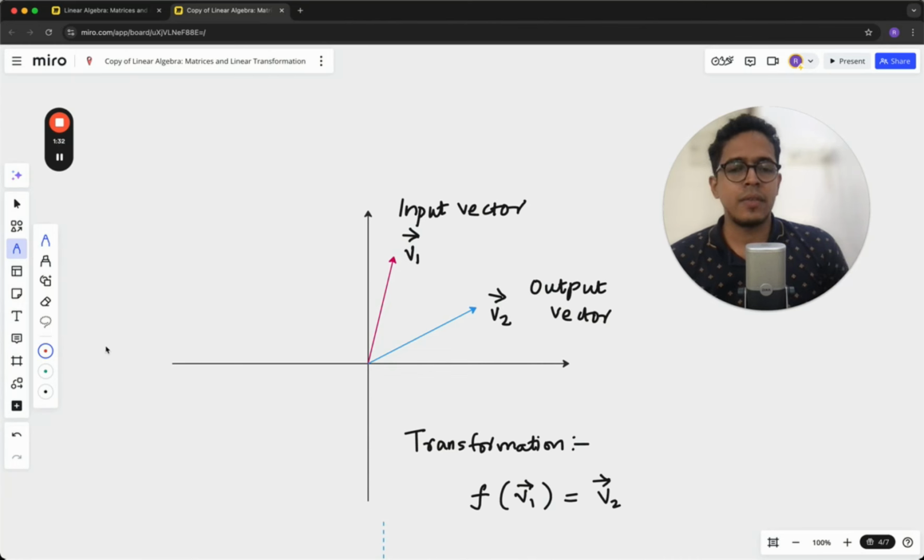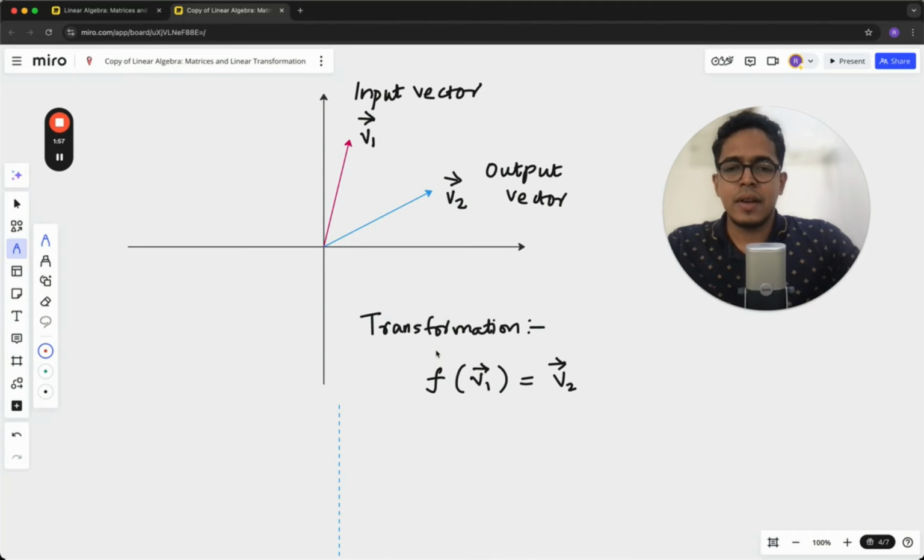So please don't get confused if I'm not sticking with certain notations that you may be familiar with. A transformation is nothing but something that changes a vector into something else. So here we see that the vector is still in the 2D space after transformation, but its tip rather, it has moved.